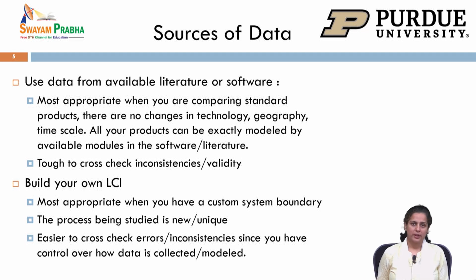One, go for existing literature and software that is available. Two, build your own LCI. In most cases, we tend to combine the two, because we might have some processes which are old, very historical, and we have the data available, and some of the processes in our system boundary may be new or emerging, and we can build that LCI based on our engineering or scientific knowledge.